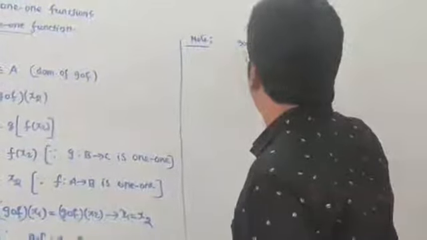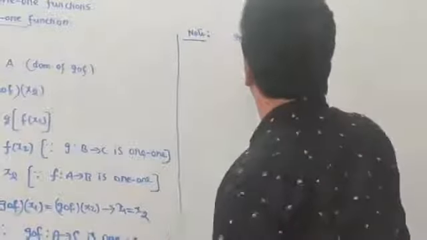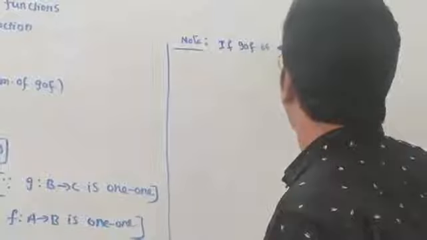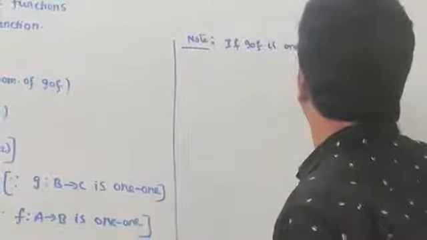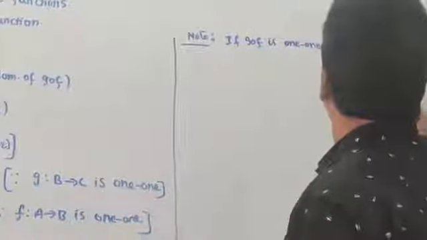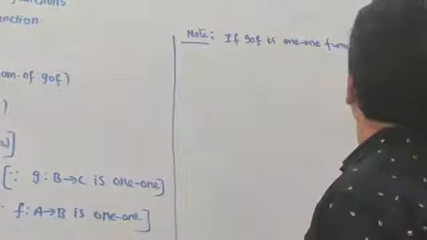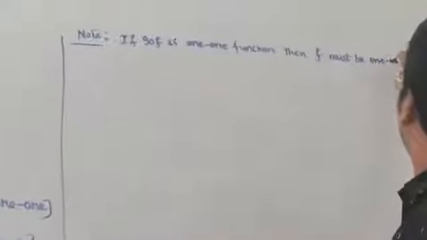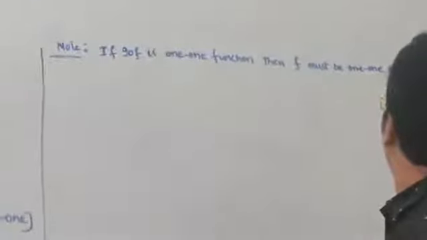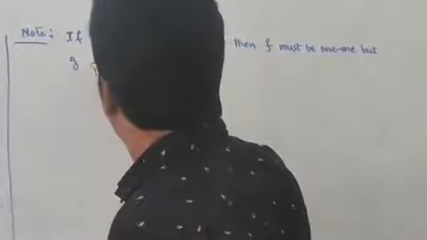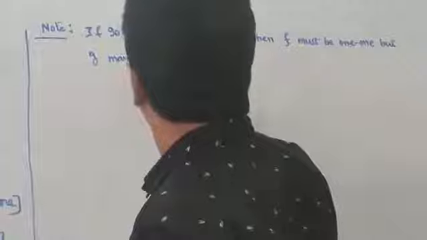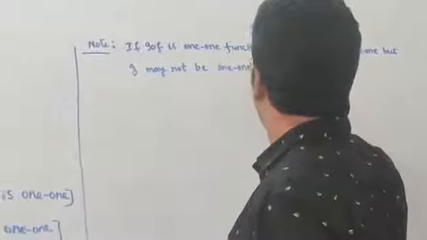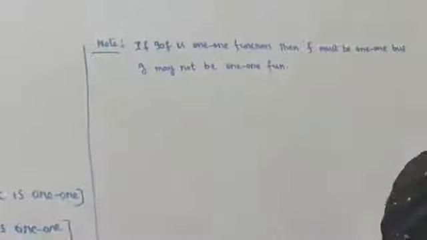If G circle F is one-one function, then F must be one-one, but G may not be one-one function. That means the converse is not true.